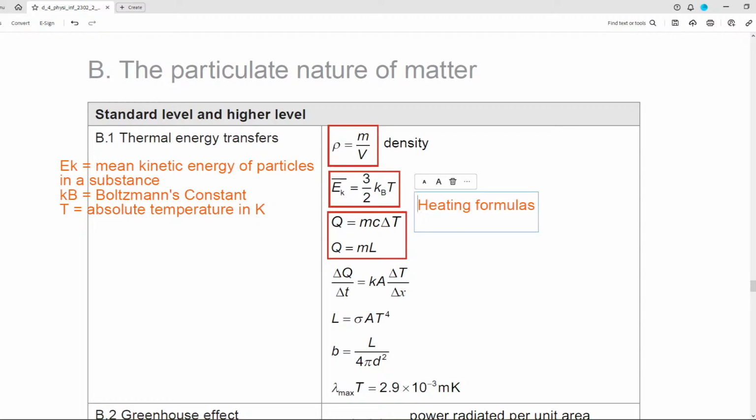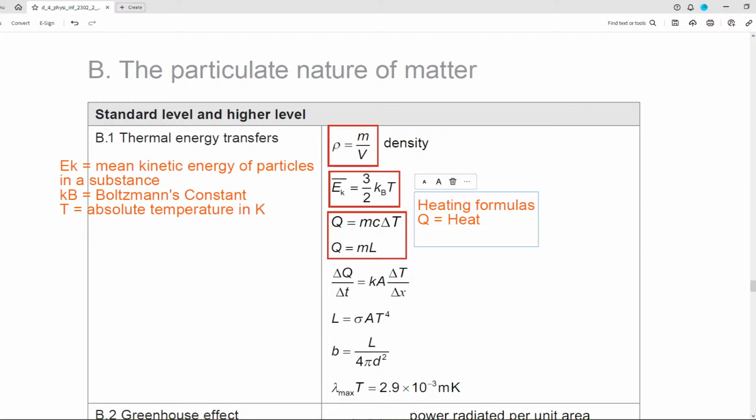So Q, of course, here is the change in thermal energy, which is heat. Usually denoted delta Q, but I'm just going to leave it as Q, heat.